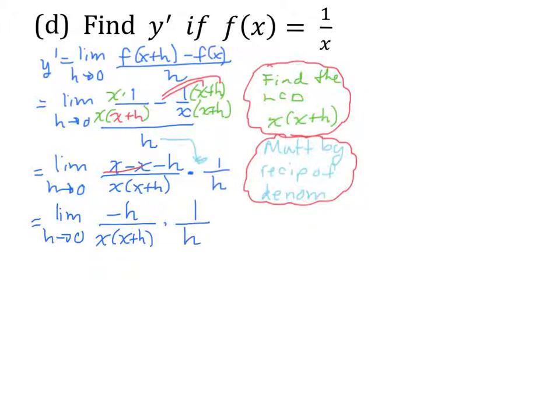Don't the h's cancel but not the negative? And so for my nearly final step, I'm going to replace any h with the 0. So I really have a negative 1 in the numerator all over x times x plus 0.